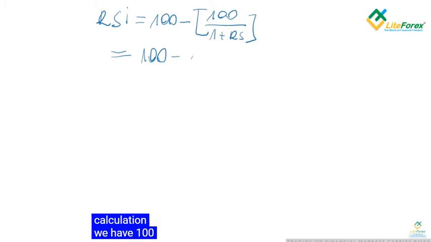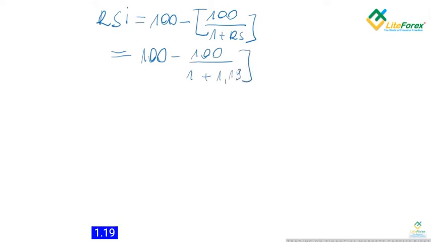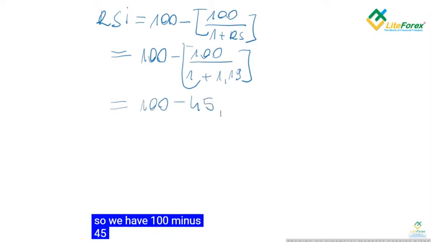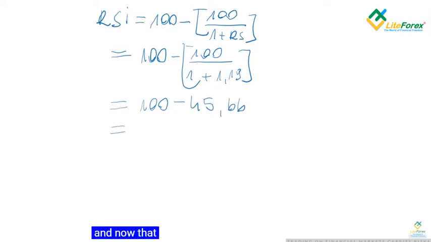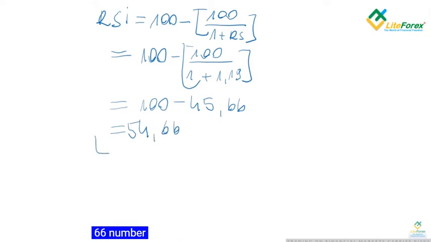We have 100 divided by 1 plus 1.19. So we have 100 minus 45.66, and now that gives us the 54.66 number.